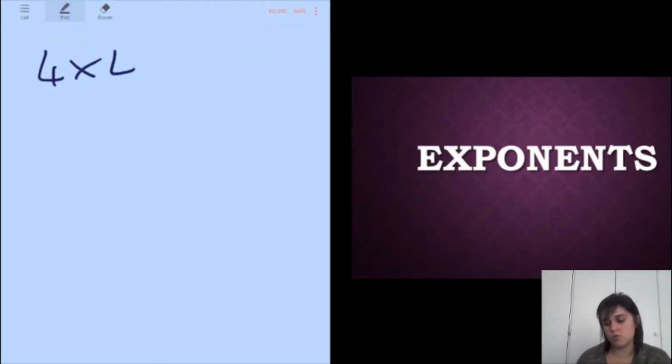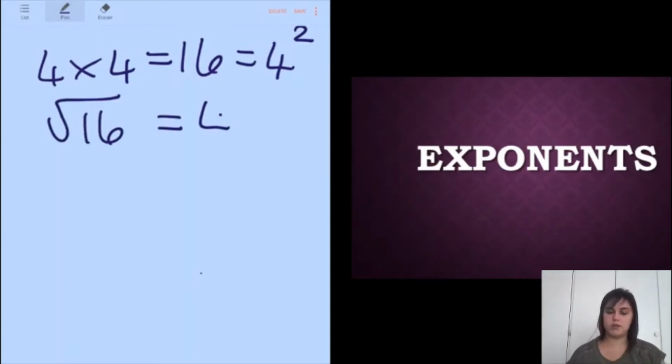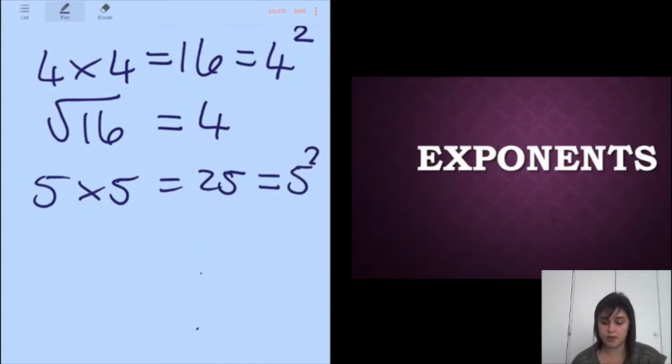4 times 4 is equal to 16, and we can also write it as 4 to the power of 2, or 4 squared. Then we can say that the square root of 16 will be 4. 5 times 5 is equal to 25, which is the same as 5 squared.